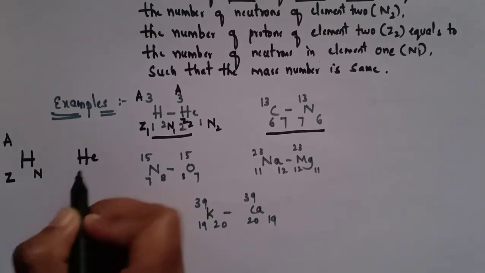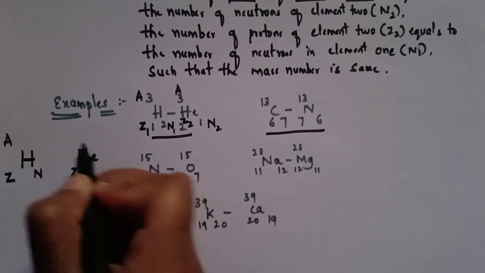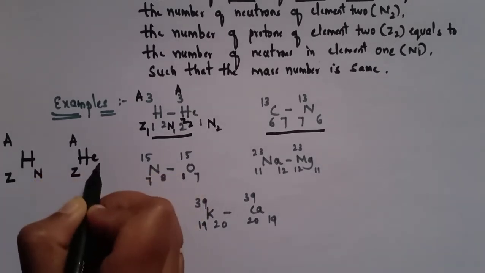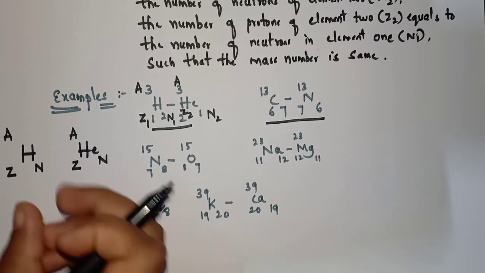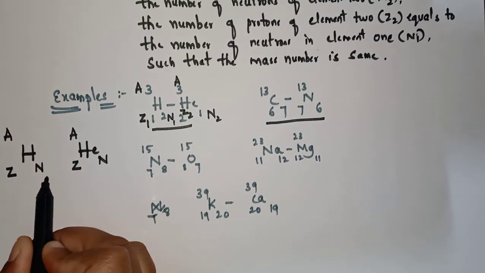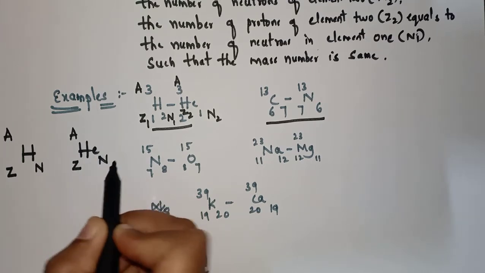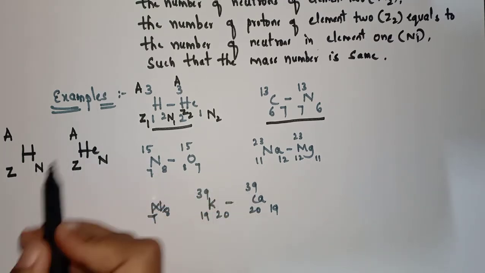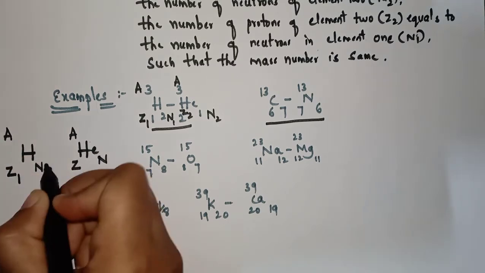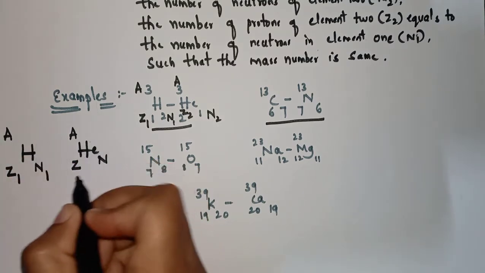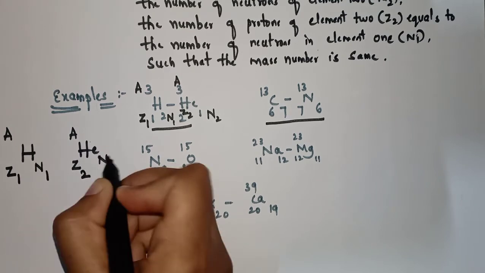Same for helium also: Z value, A value, and N value. To differentiate between these two, I will write Z1 and N1 for hydrogen, and Z2 and N2 for helium.